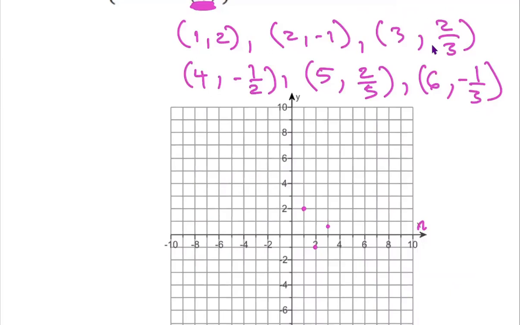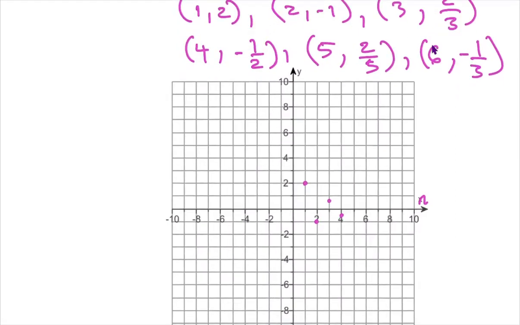And (4, -1/2), I'll put it here. And (5, 2/5), which is 0.4, so that would be somewhere here.